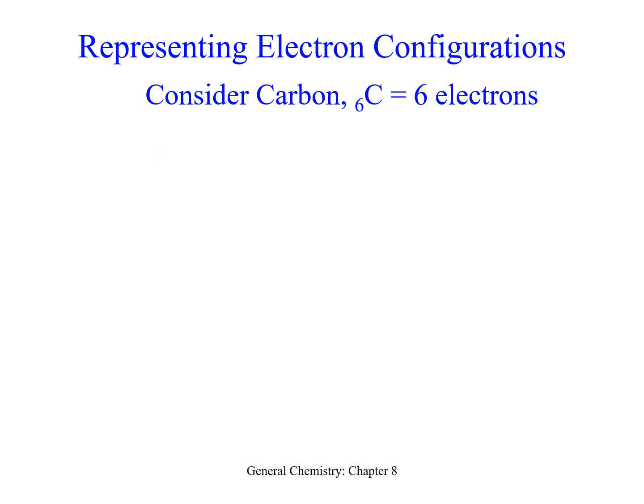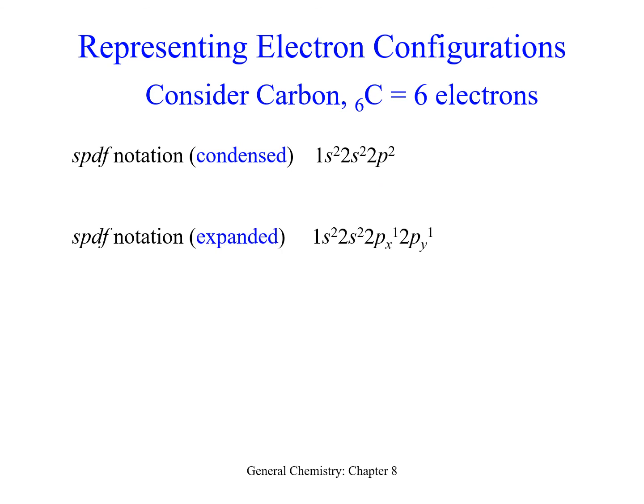Okay, let's represent electron configurations for carbon, which has 6 electrons. We're going to use the SPDF notation, that's the condensed notation, where it's 1s2, 2s2, 2p2. The expanded notation, which we're not going to use very much, would be 1s2, 2s2, and in the ground state here, we have 2px with 1 electron, 2py with 1 electron.